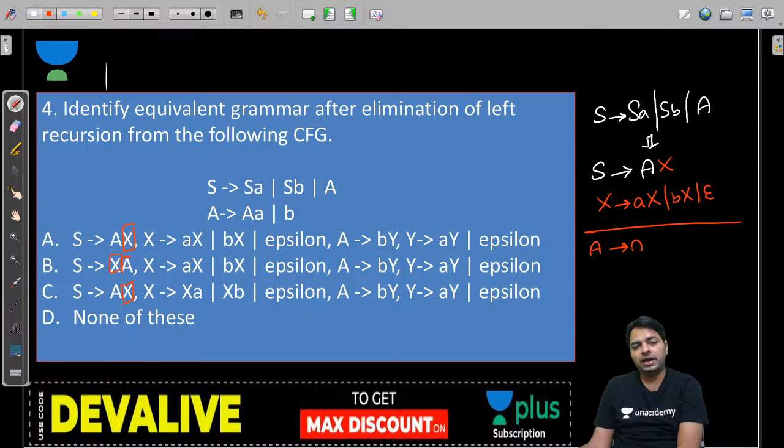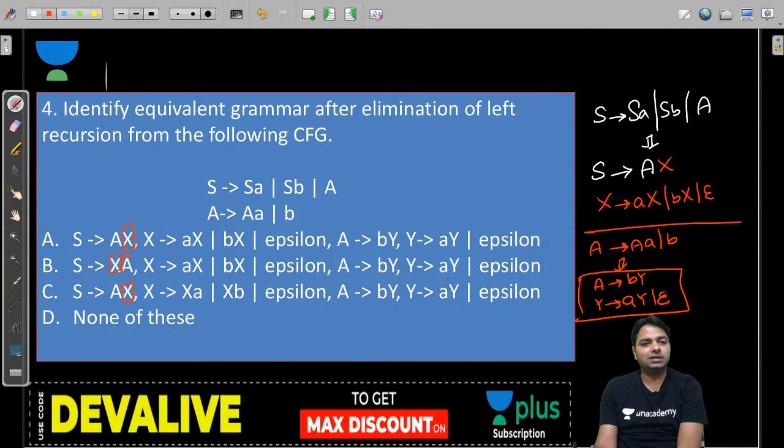Capital A, you have A or B, and now there is no S. So we directly eliminate, with options like BY, and Y is going to do the right recursion. And look at which are the right answers.